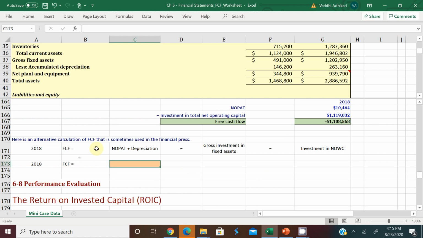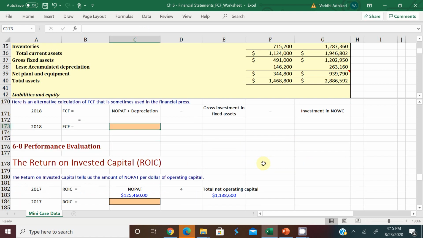So one other way to do free cash flow will be NOPAT plus depreciation minus gross investment in fixed assets minus investment in net working capital. Remember, before we did net investment in fixed asset after subtracting depreciation, and we didn't add back depreciation, but they're equivalent. I will actually let you try this. You have all the information over there, so I'm sure you can find the same answer, because they're equivalent.